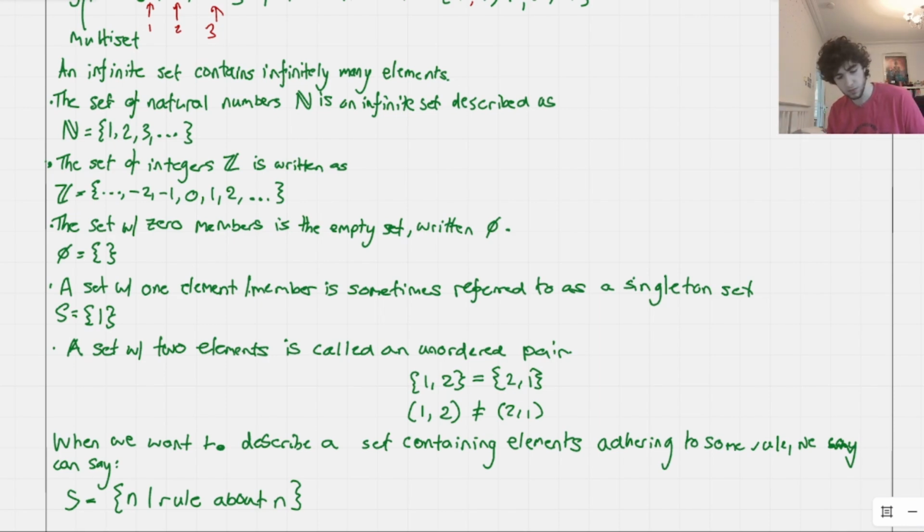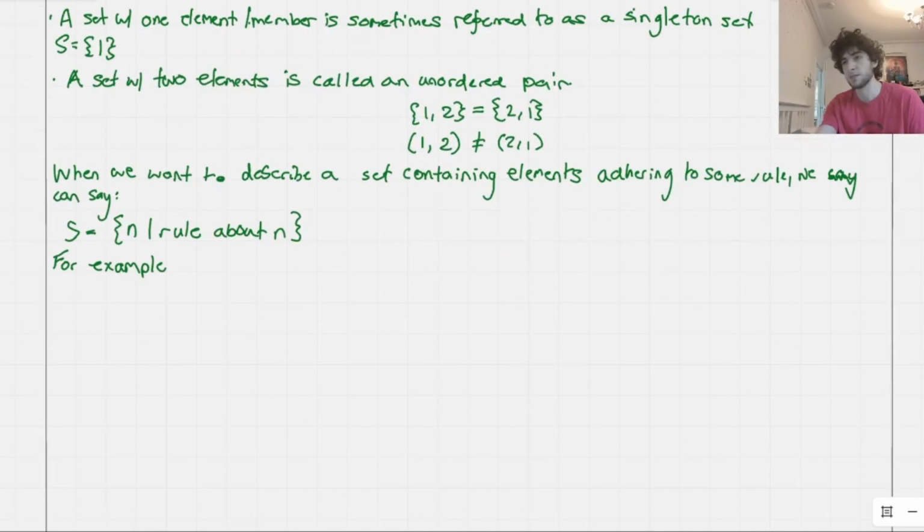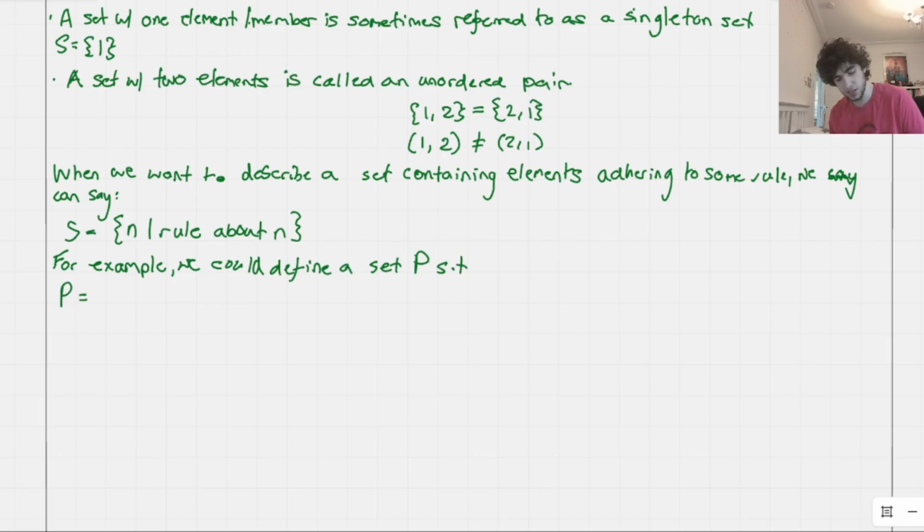Okay, so for example, we could define a set P such that P is equal to the set of all n, right, such that n is equal to m squared for some m in the natural numbers.